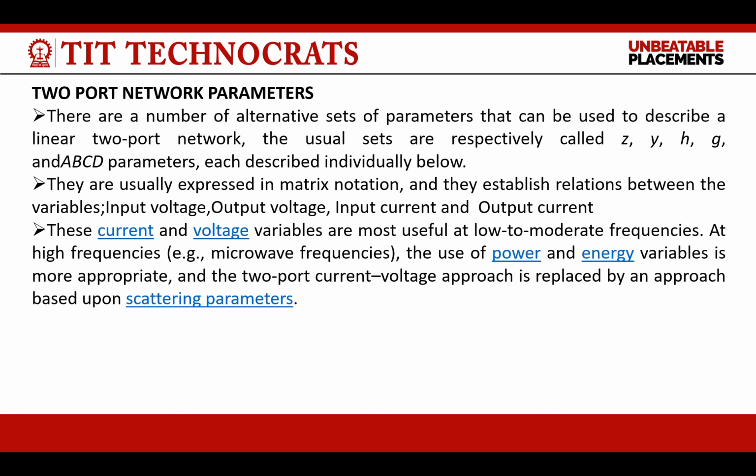Now, two-port network parameters. There are a number of alternative sets of parameters that can be used to describe a linear two-port network. The usual sets are respectively called Z, Y, H, and G, and ABCD parameters, described individually below. They are usually expressed in matrix notation.